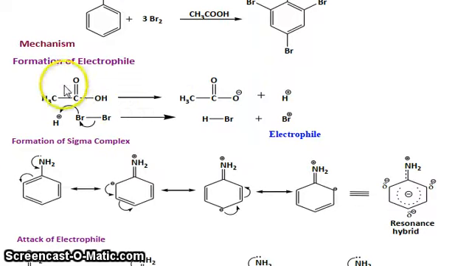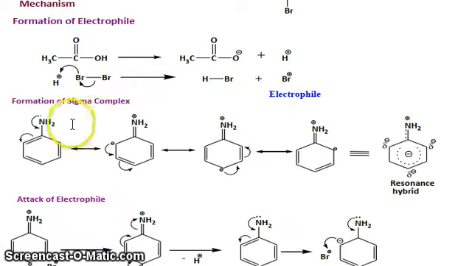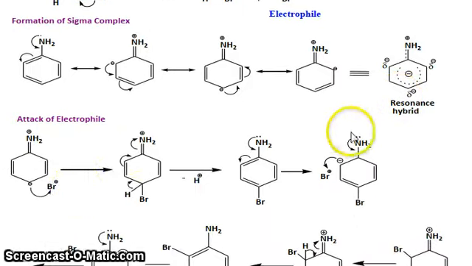So the formation of the electrophile is the first step in the mechanism. You see the formation of acetate, and then the electrophile, and then the formation of the sigma complex. You can see this is the resonance hybrid, and then the attack of the nucleophile at the para position.